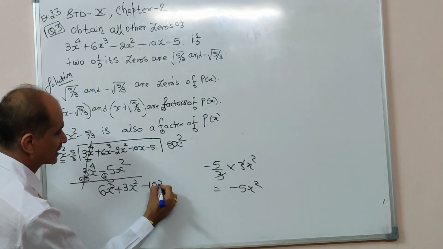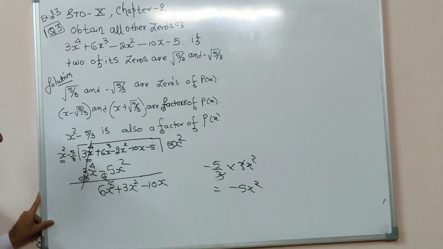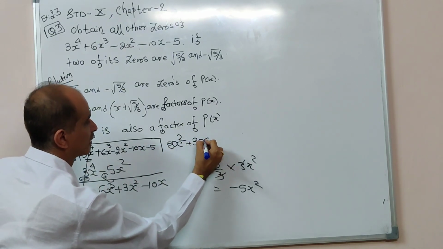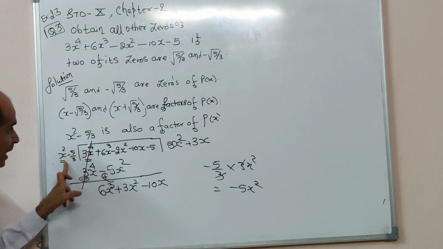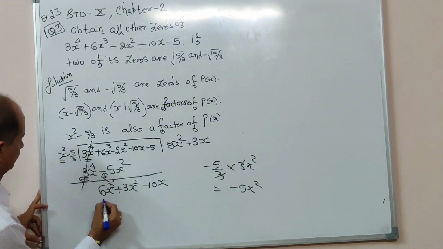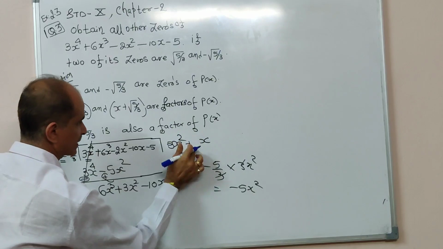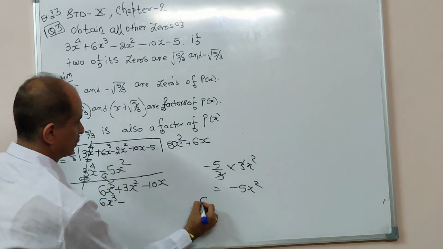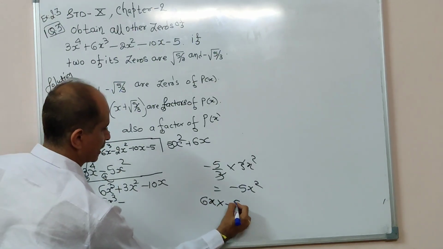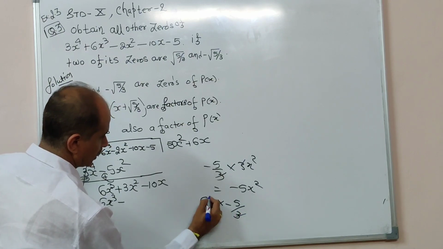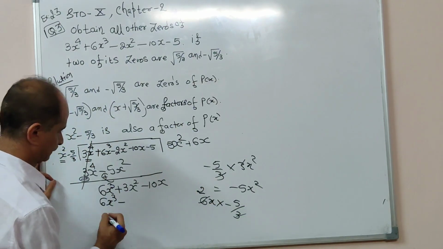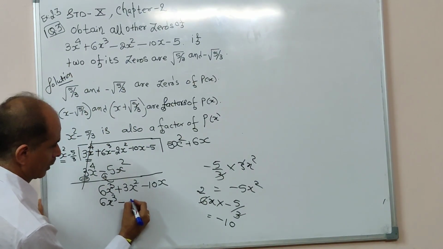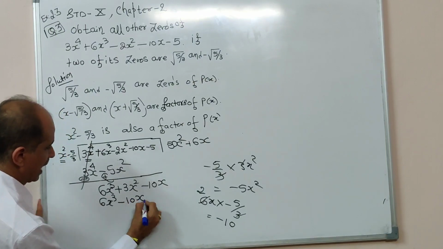You can take minus 10x from the dividend. Now this is x square, this is 6x cube, so you have to multiply it with 3x. When you multiply the divisor by 3x, you get 6x cube minus 6x into 5 by 3, 3 twos are 6, so minus 10x.